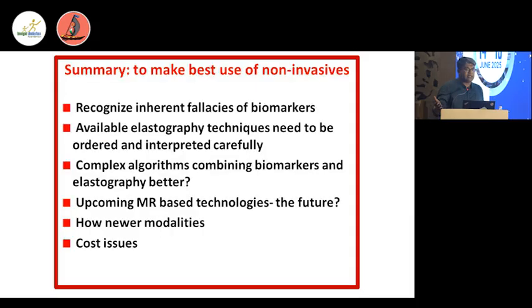So to translate all this stratification, all this physics fundas, into our daily clinical practice, the current guidelines recommend that if the FIB4 score, this is the European guidelines, is more than 2.67, refer directly to the hepatologist. If it is intermediate, go to the FibroScan or an alternative test.